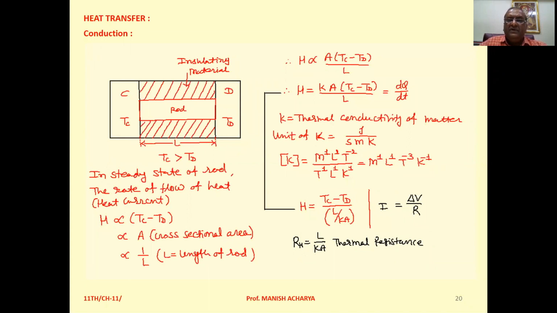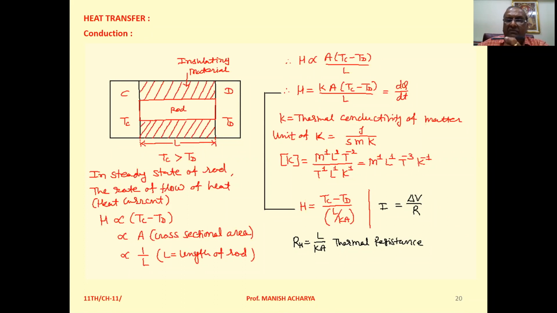Now, you already studied electric current. If we think about any conductor with resistance equal to R, and a potential difference is applied between the two ends of the conductor, then current will flow through the conductor from high potential to low potential.